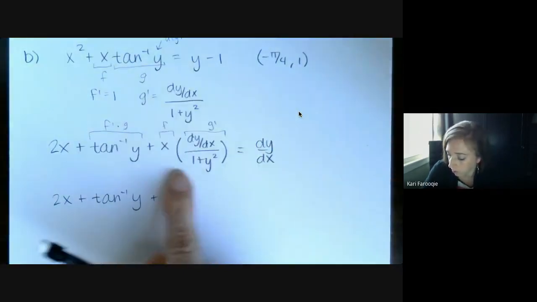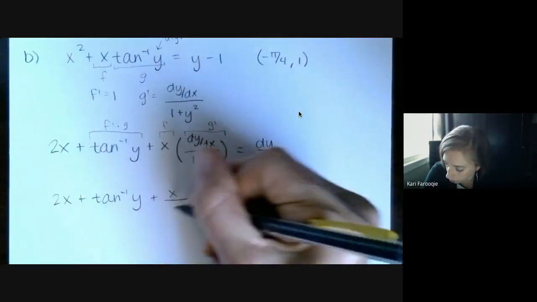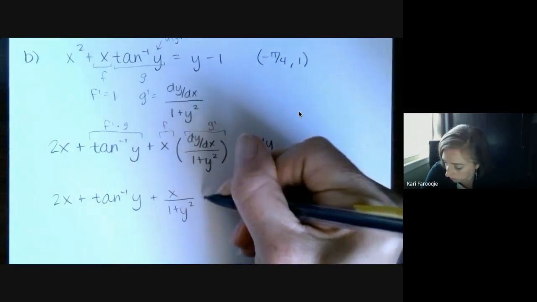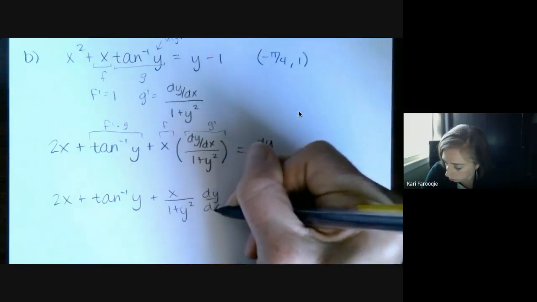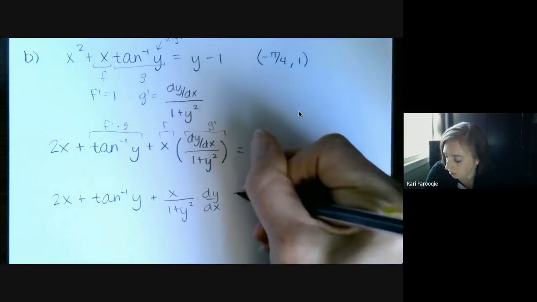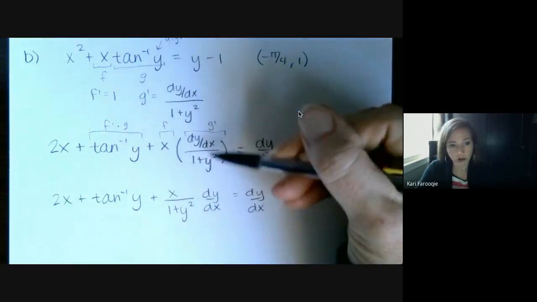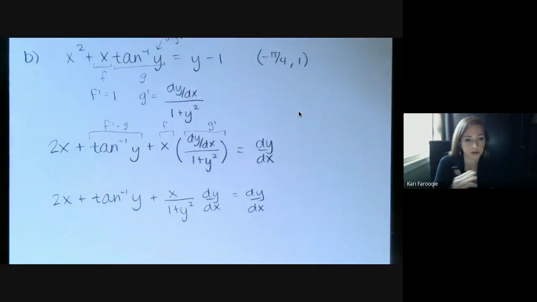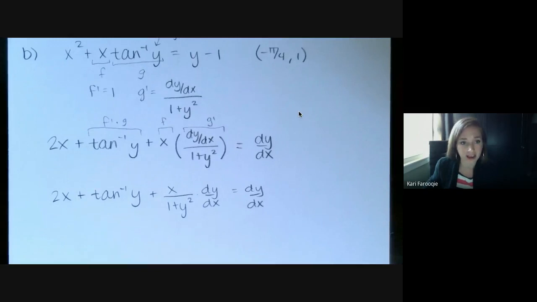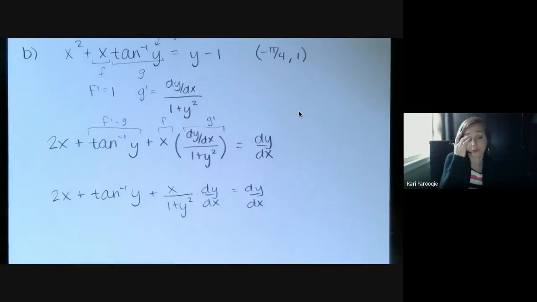I'm just going to scoot this 1 plus y squared over, and then multiply by this dy dx. So these two expressions are equivalent. They're just written slightly differently so that we can see that dy dx is tagged onto that term. It's really just for clarity.